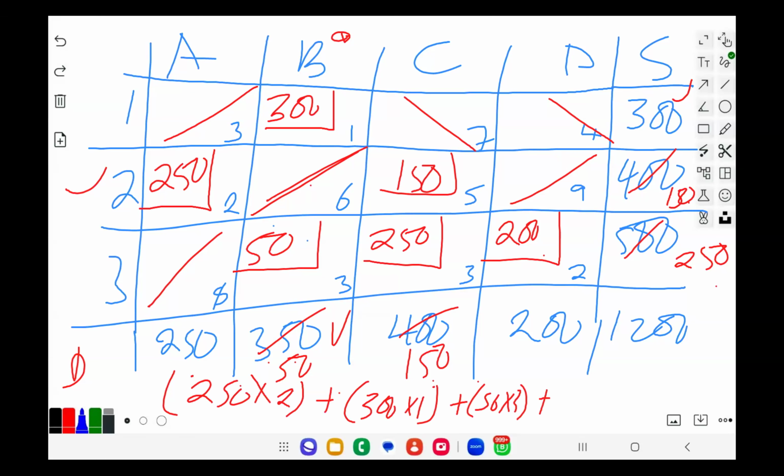Plus, you're following, right? 250 times 3 plus 200 times 2 plus 150 times 5, isn't it? That is the last one. Yeah? Then you know how we do it. Just work out this, add everything together. That's the total cost that you find using the least cost cell method.